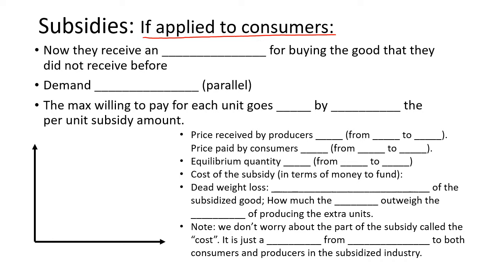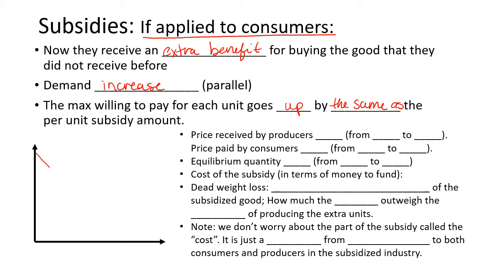So now you're getting an extra benefit for buying a good that you did not get before. So this is going to make demand increase, right? When the government pays you to do something, there's a higher desire to do something. And so this means the max willingness to pay for each unit goes up by the same amount as the per unit subsidy.